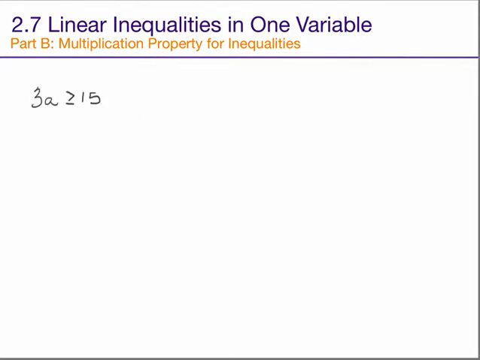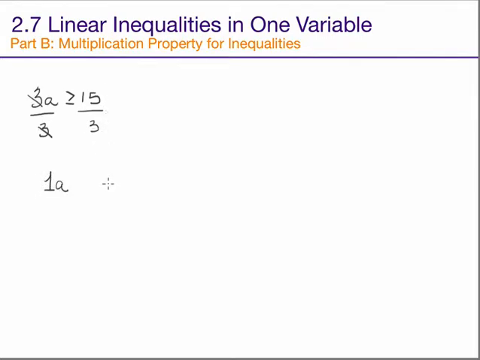Okay, now that we understand that, let's take a look at our first example. Solve the inequality 3a is greater than or equal to 15. Well, I'm allowed to multiply or divide both sides of my inequality by the same number. I'm going to choose to divide by 3 because 3 divided by 3 is 1.